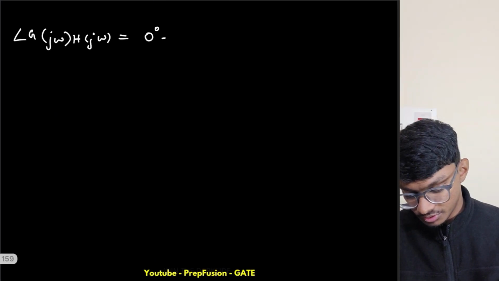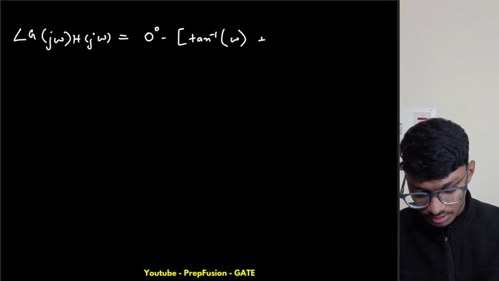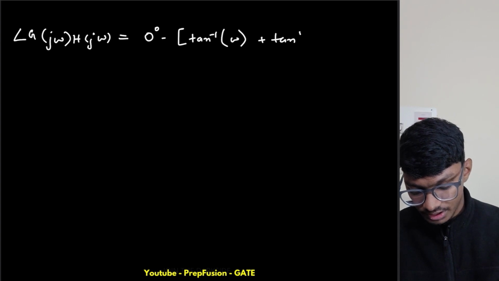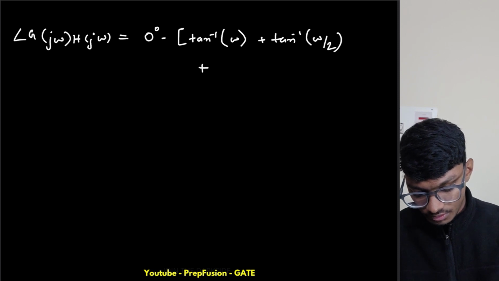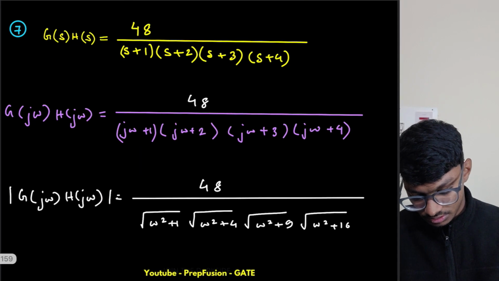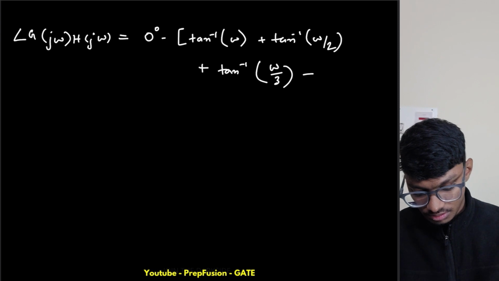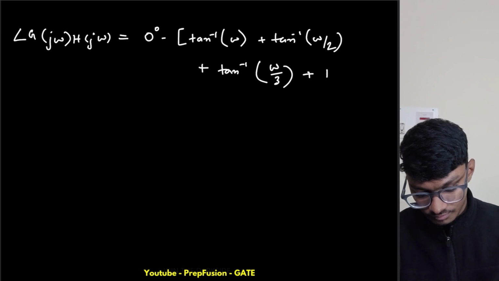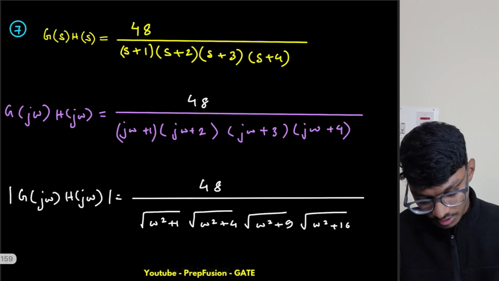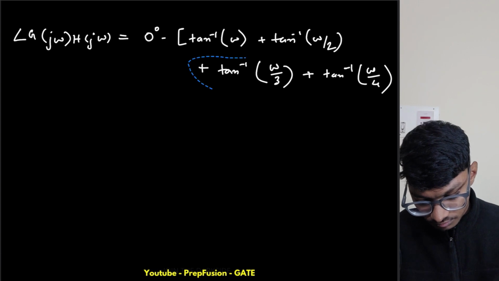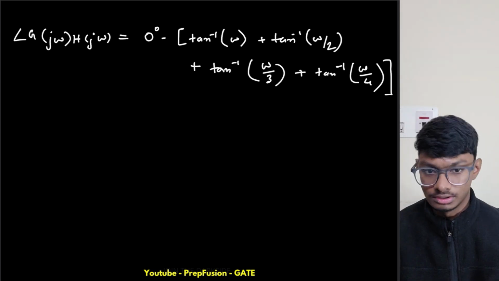Now the angle contribution due to the poles is basically: first one is tan inverse omega, then, with the negative sign outside, tan inverse omega by 2, next tan inverse omega by 3, and next omega by 4. So the angle contribution is like this.